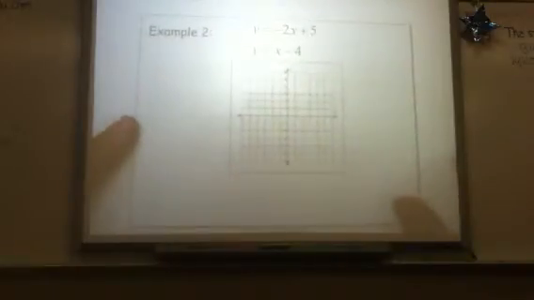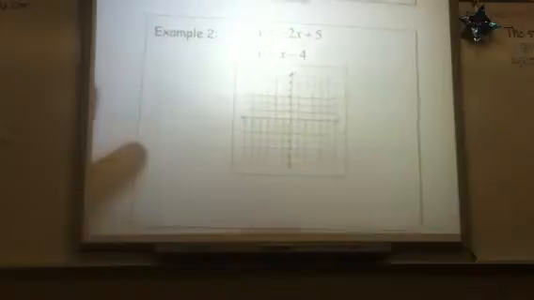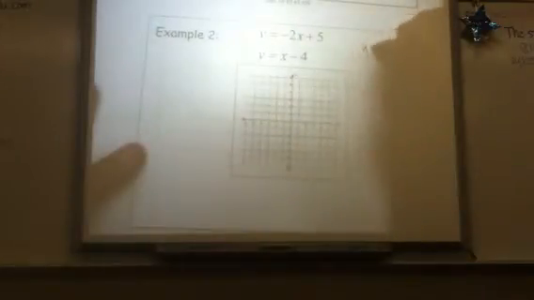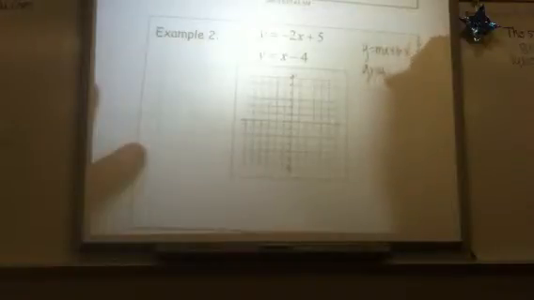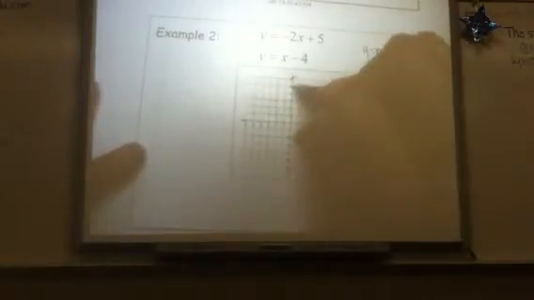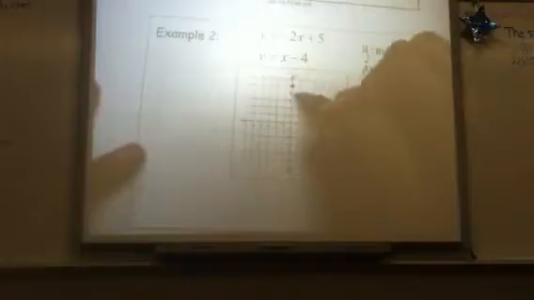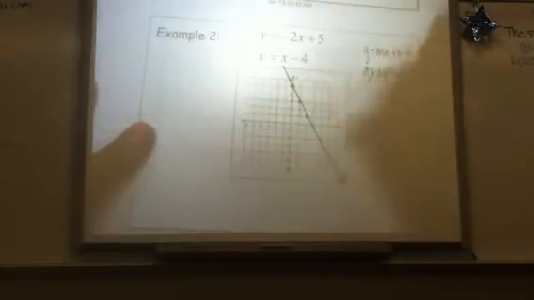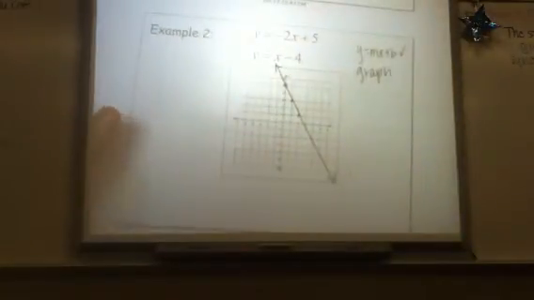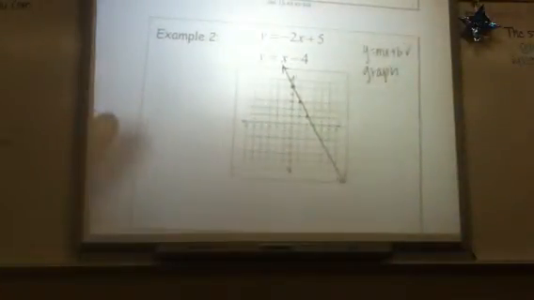Okay, so let's go down to this one. So y equals negative 2x plus 5, and we do the same steps. It's already in y equals mx plus b. So now we graph. Start at positive 5, and now it's down 2, right 1. We need that negative slope, or that negative correlation.